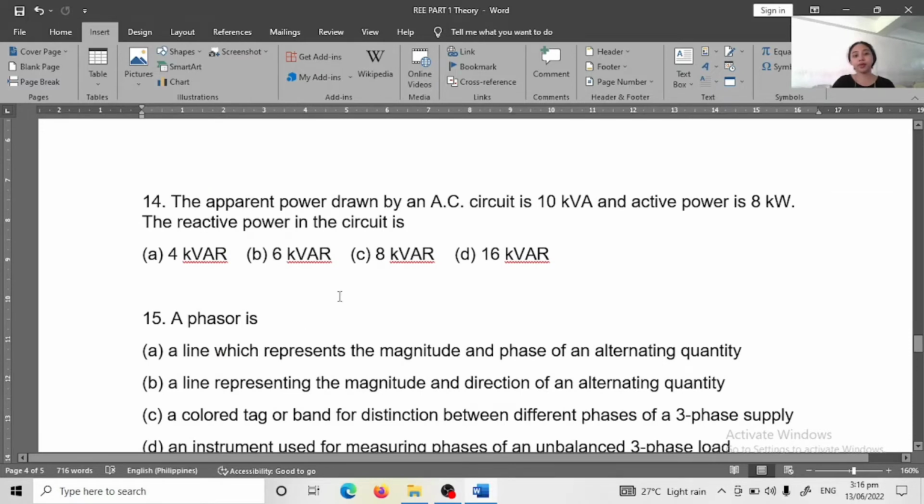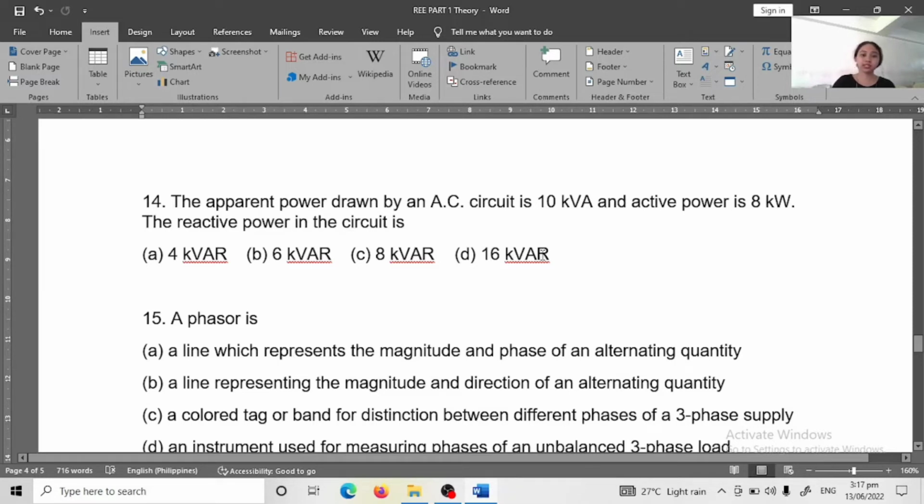Number 14. The apparent power drawn by the AC circuit is 10 kVA and the active power is 8 kilowatts. The reactive power in the circuit is A. 4 kVAR, B. 6 kVAR, C. 8 kVAR, D. 16 kVAR.